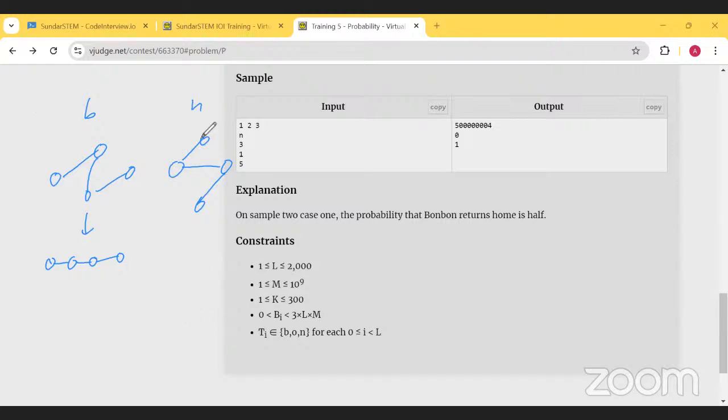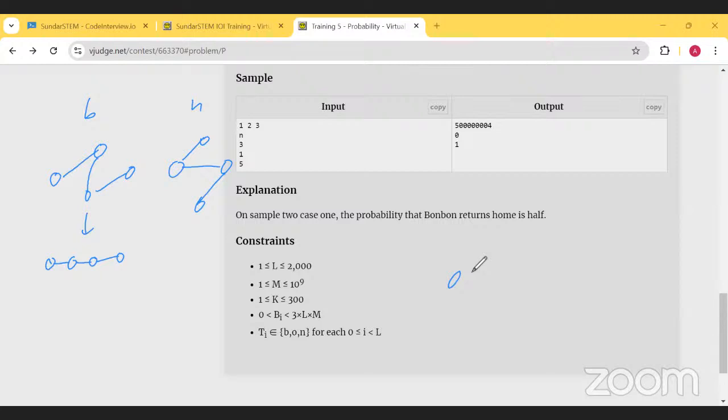So if we are in this node, then the probability to go here is 1. So if the query is asking what is the probability if we start here, the probability will be the same as the probability if we start from here. Okay.